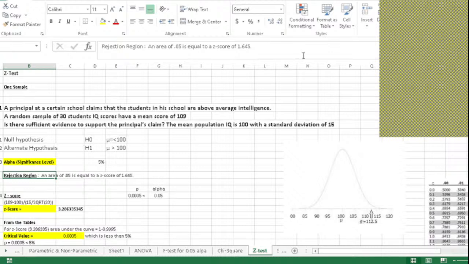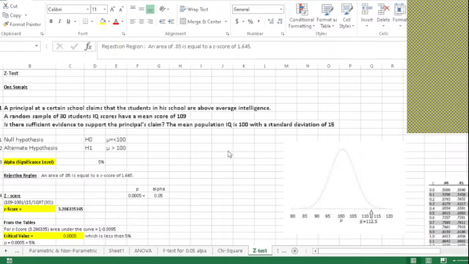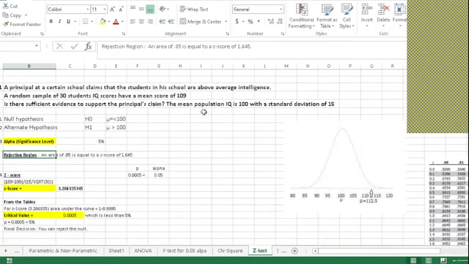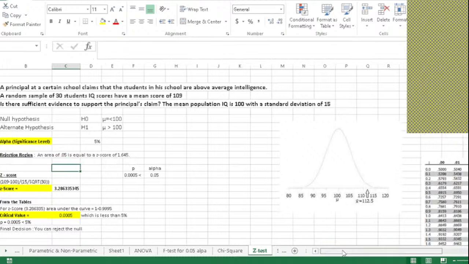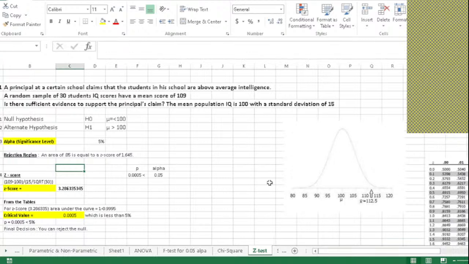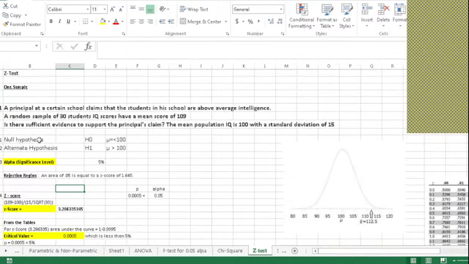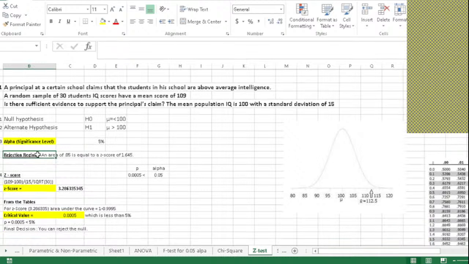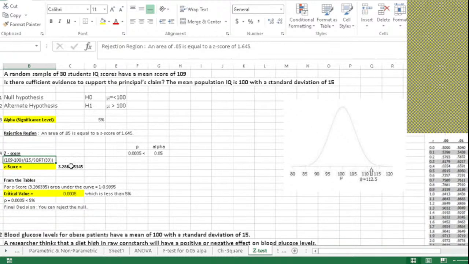Remember I told you, from the Z table, when you know the test along with the significance level, you go to the tables. From this we first calculate the Z. Now when I know that it's a Z test, I calculate the Z score, or the Z statistic.